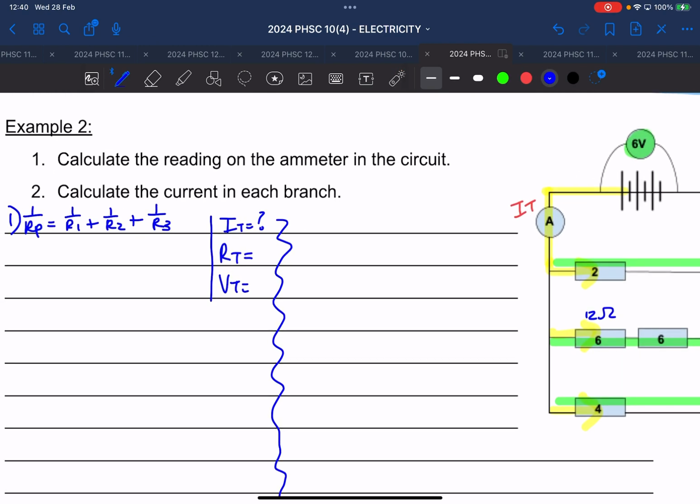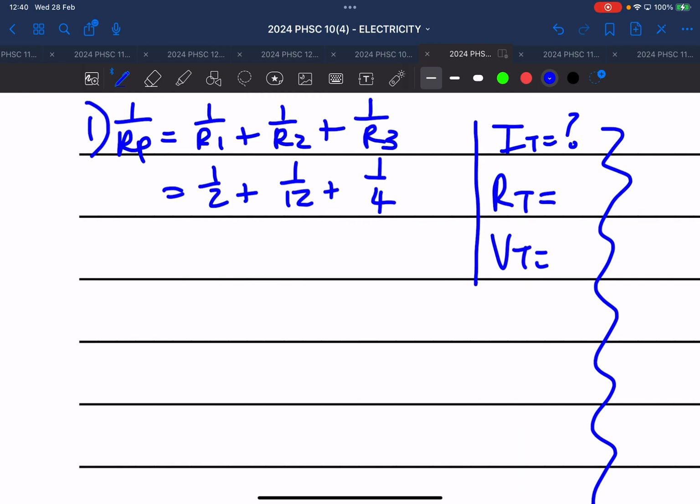So we have 1 over 2 plus 1 over 12 plus 1 over 4. So each branch. And that gives you 10 over 12.